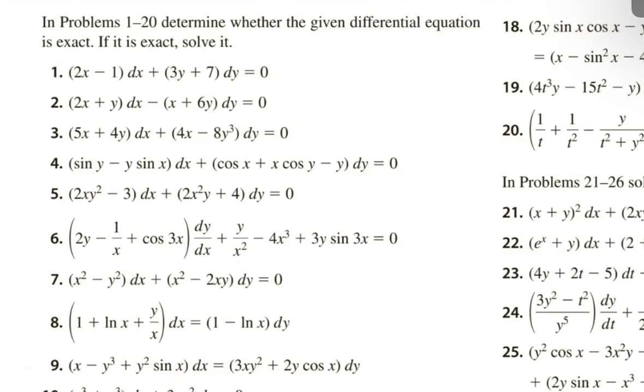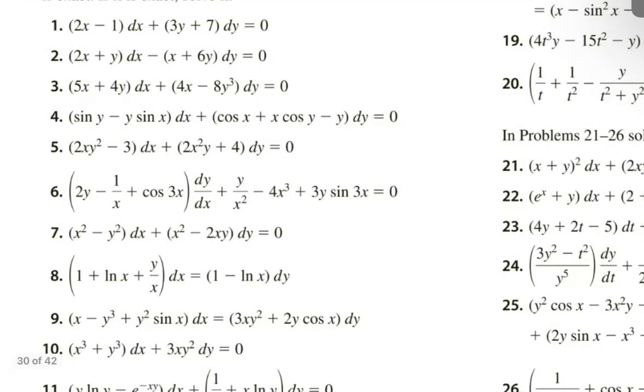Sorry, this was question number 3. Question number 5: (2xy squared minus 3) dx plus (2x squared y plus 4) dy equal to 0.